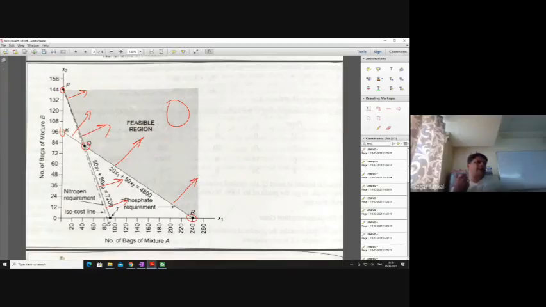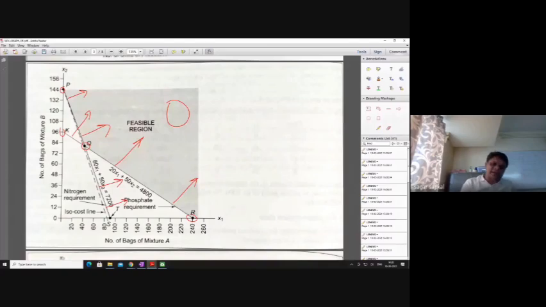Then what are we interested in? Optimal solution. What is our objective function? Minimum cost. Minimization, yes. Previously it was maximization. So what we had decided, we started from 0, 0 and we started away from 0, 0, observing away from 0, 0 and found out the point where optimum solution is there.